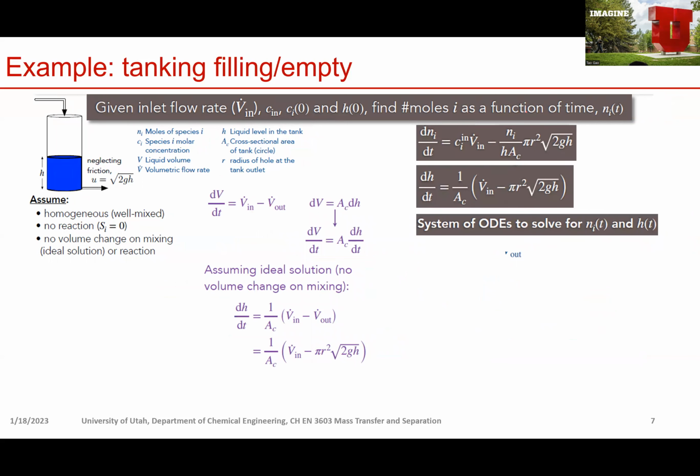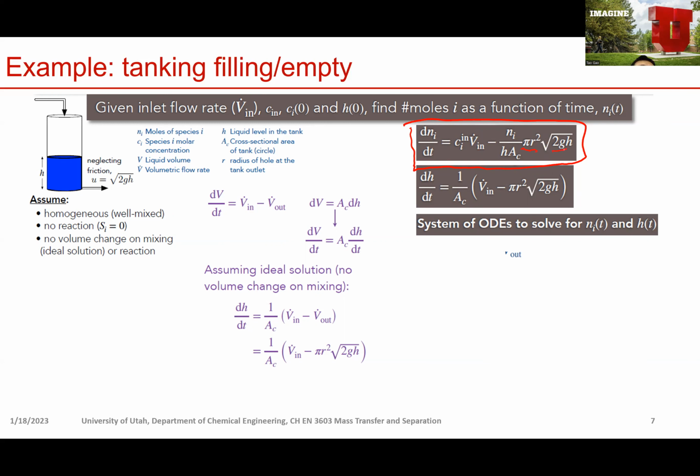If you plug all of them in, you get one ordinary differential equation that relates Ni, the number of moles of species i in the tank, which is something we need to solve for. Its changing rate, dNi dt, is a function of given parameters, Ci in, Vi in, Ac, pi r squared, and 2g.